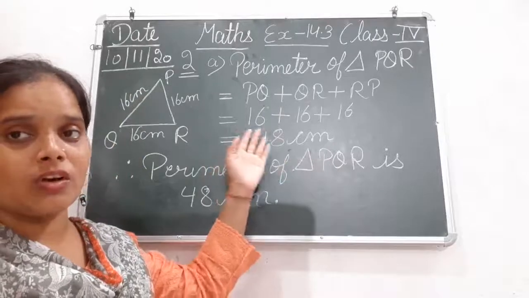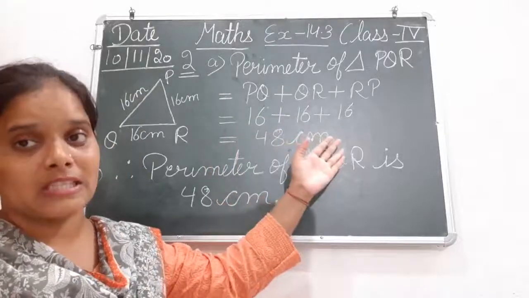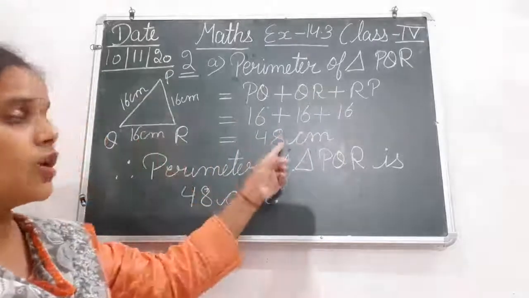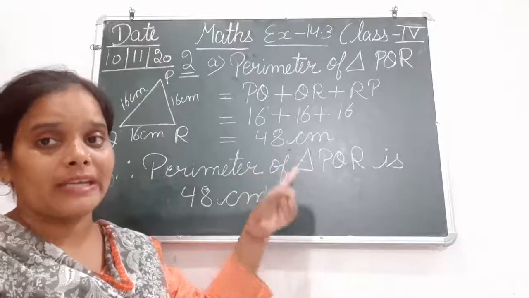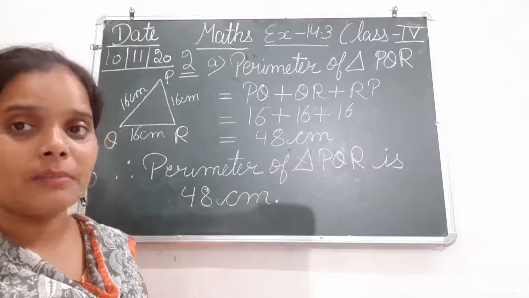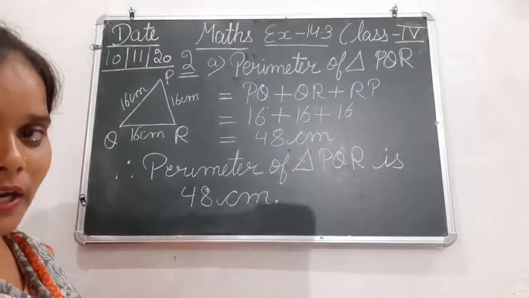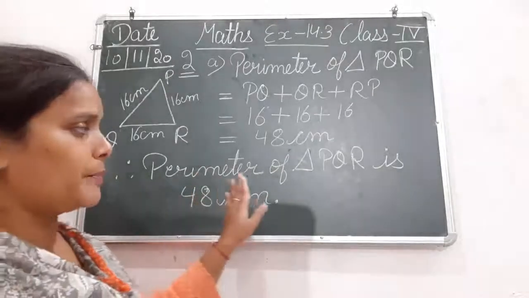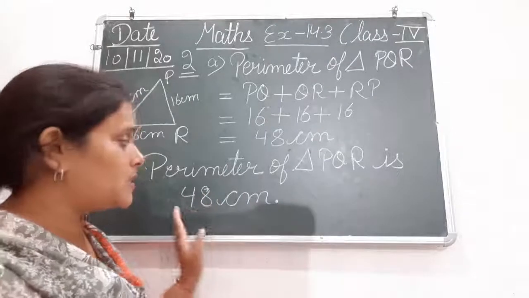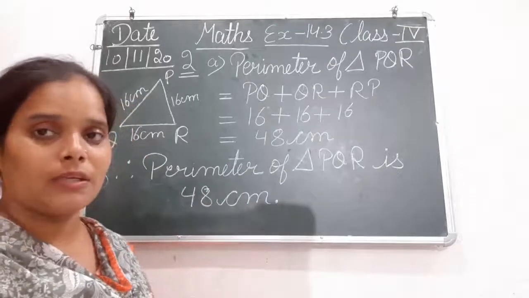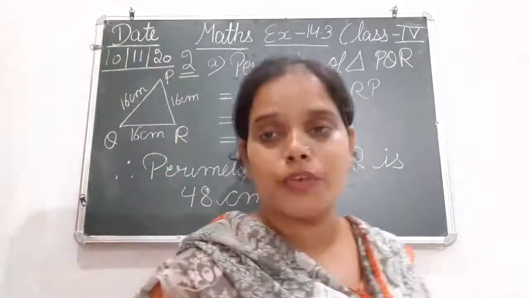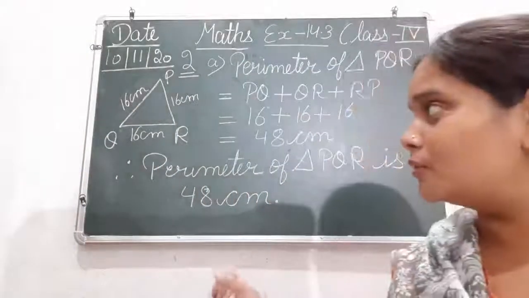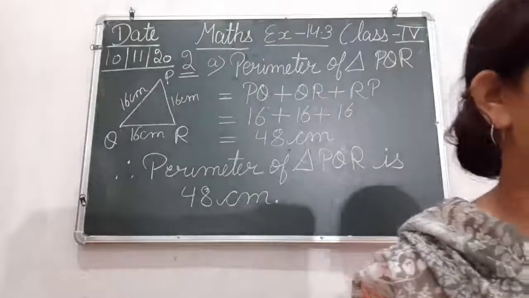So after adding the length of all the three sides of the given triangle, we got the answer, that is 48 centimeter. So this 48 centimeter is the perimeter of the triangle PQR. Therefore, perimeter of triangle PQR is 48 centimeter. Okay. So this is the solution of A part. So you can just pause your video here and write it down.